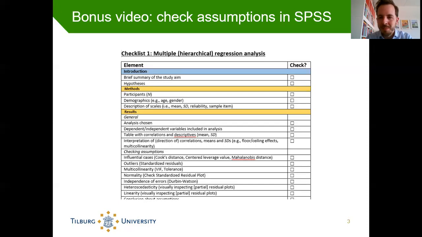But I decided to post this only next week, in week 4 of the course, because if I already post this now, then assignment 1 is going to be very, very simple for you. So my suggestion would be that for assignment 1, you try to find out those things yourself. If you follow the checklist, then you're doing fine. And in the book, it is specified how you should check those assumptions.